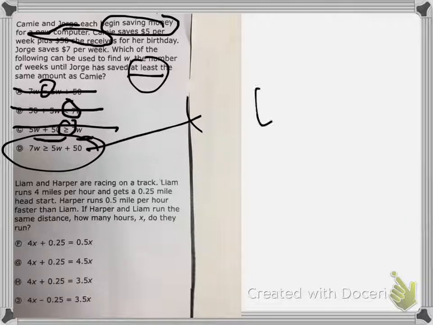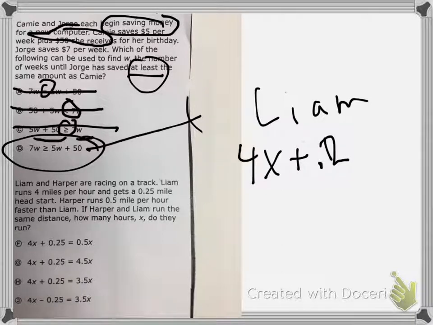First, let's look at Liam. And here they're saying that Liam runs 4 miles per hour and gets a head start. So 4 miles per hour would mean 4x plus they're getting a head start of 0.25. And so let me correct that.